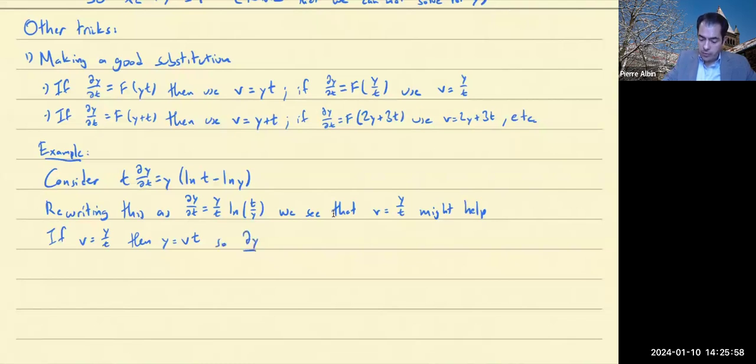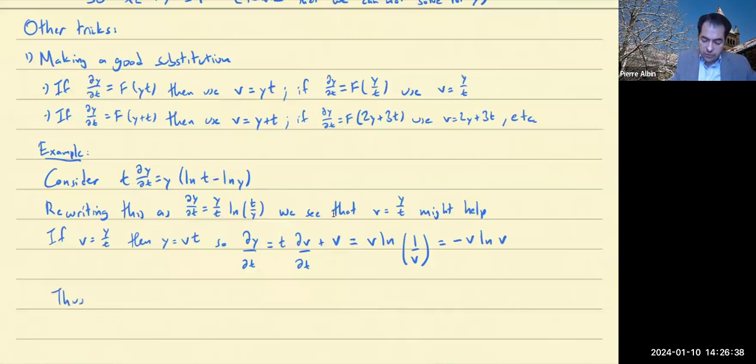So the derivative of y with respect to t, right, from here, we can just use the Leibniz rule and write this as t times the derivative of v with respect to t, plus v times the derivative of t with respect to t, which is just 1, on the one hand. On the other hand, we know the derivative of y with respect to t is equal to this. And if we rewrite that using v, we see that this is equal to v times the natural log of 1 over v, right? Or another way of saying that, it's minus v times natural log of v.